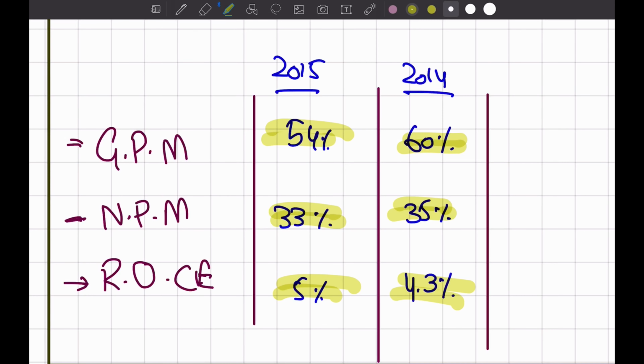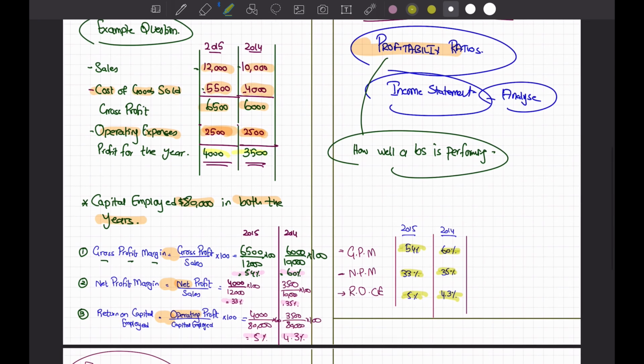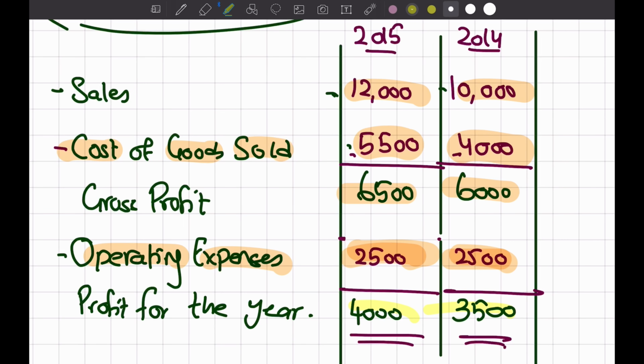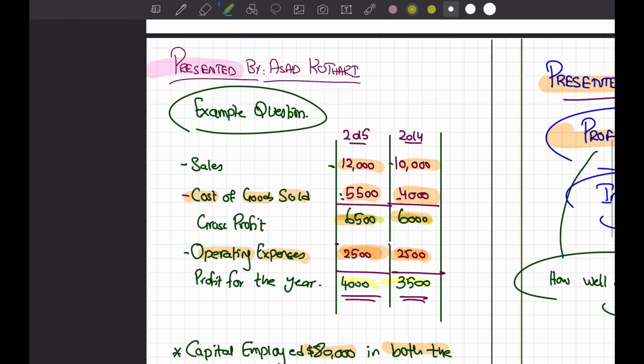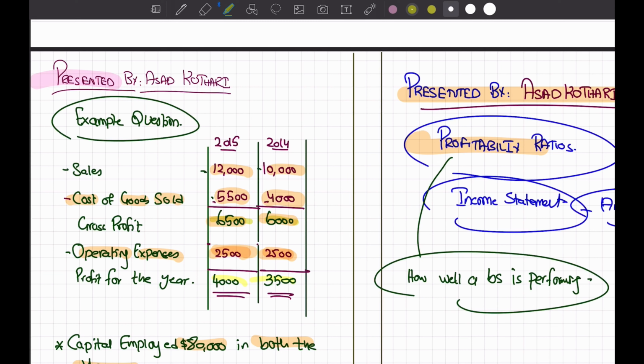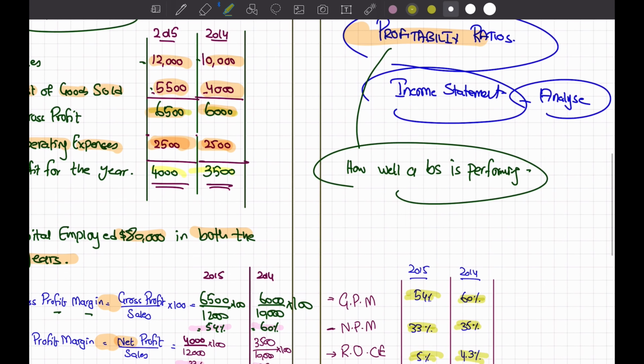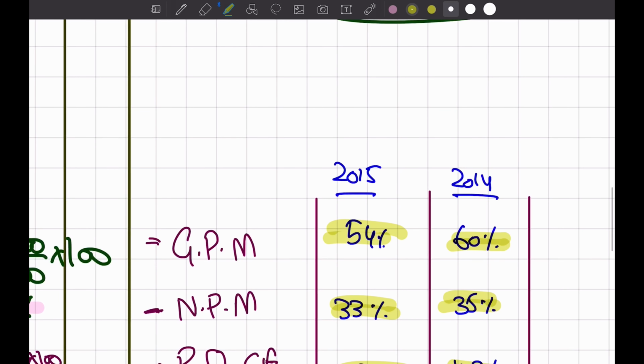Okay, so if I just connect the dots, initially when my gross profit went from 6,000 to 6,500, I said it's a positive change. But now, as I can see, the gross profit margin is actually decreasing. So that is confusing, right? Why is it happening?